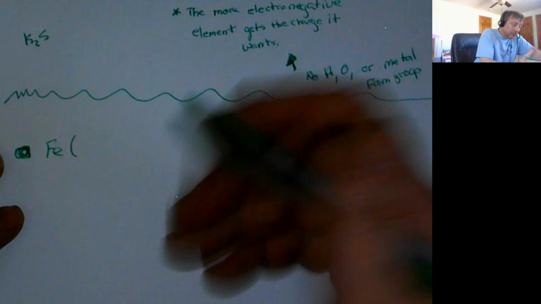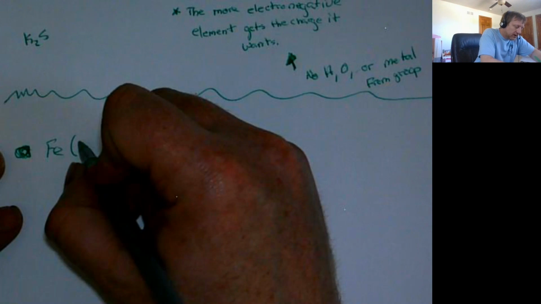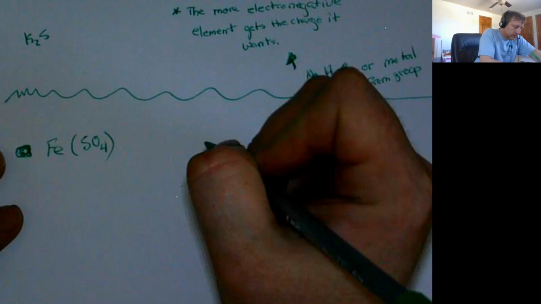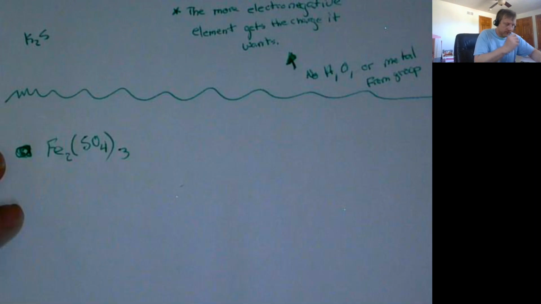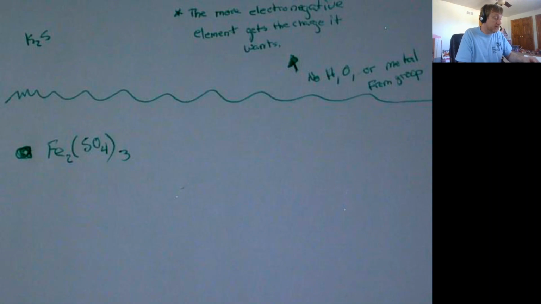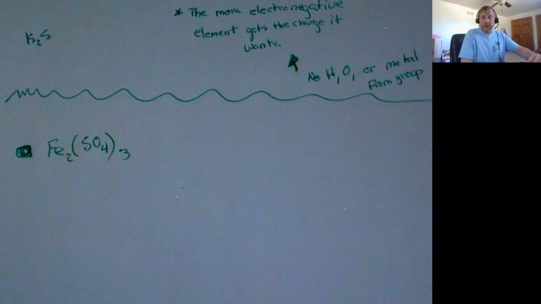So what if we start putting more than 2 elements together? Let's say we have iron(III) sulfate, and I want to find the oxidation numbers of everything in it.